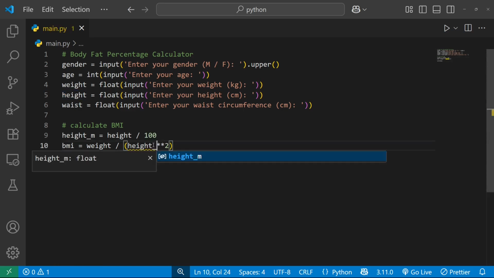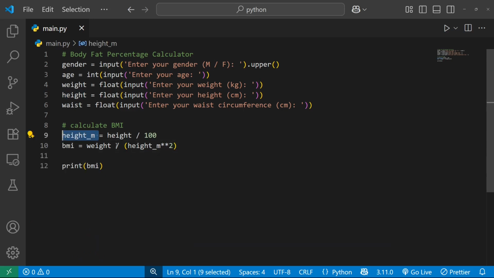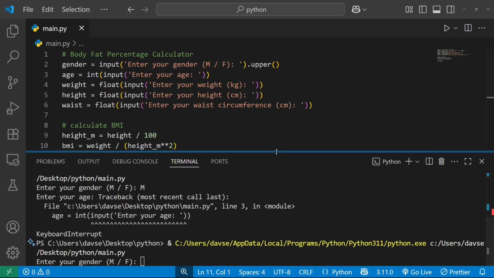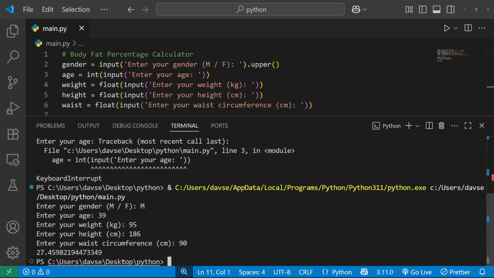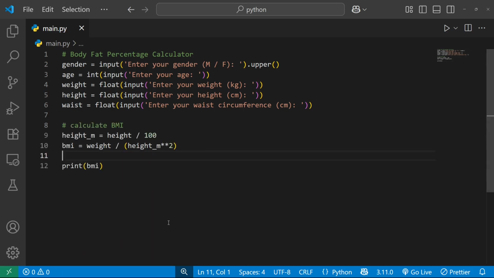Here we need to use the height in meters, M, H. Okay, kilos: 95, for example. 186, waist 90. Okay, it looks great. It looks good. Super. So it's okay.